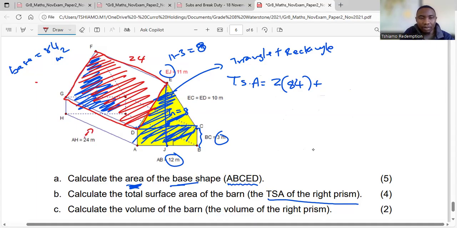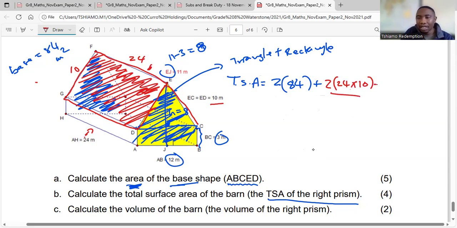And then how much will be this part that is land? This part that is land will be the same, so it will be 10. Do you agree that this part here is the same as that part on the other side? So it is twice 24 times 10 because I have two sides that look the same.